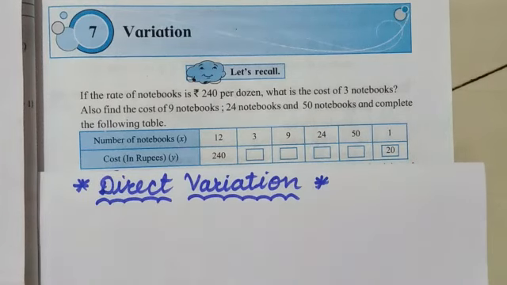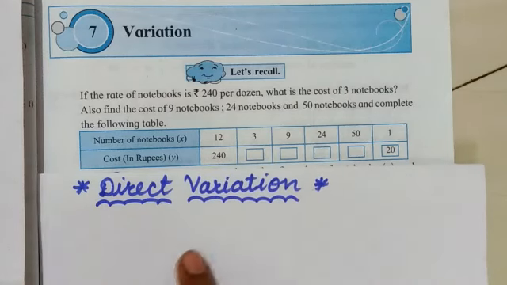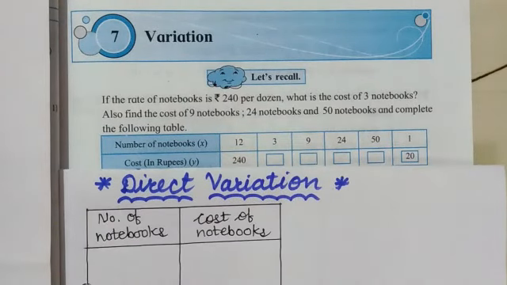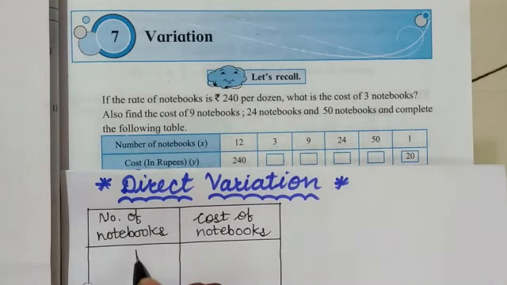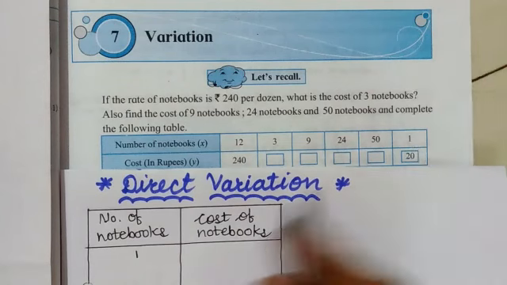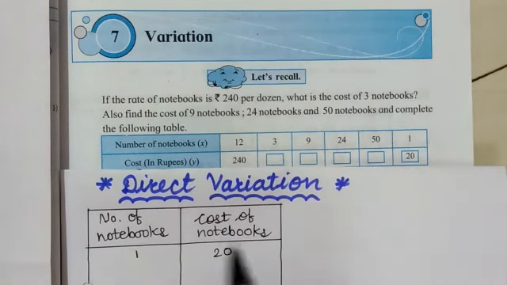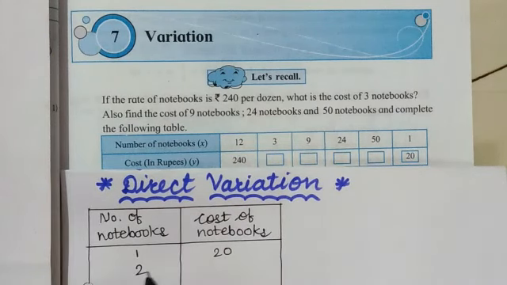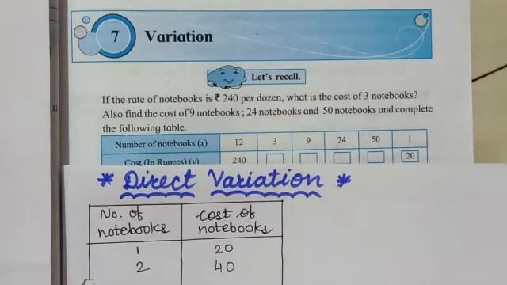But before going into detail about this example, let's look here. I have arranged the information in this chart. The number of notebooks is 1 and its cost is 20 rupees. It means one notebook costs 20 rupees. 2 notebooks cost will be 40 rupees.